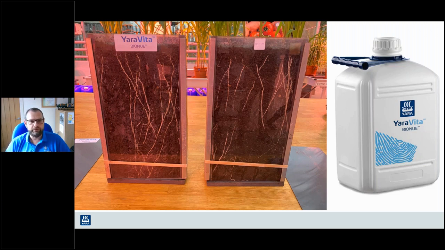And no matter what crop we do this on, whether it's tomatoes, peppers, wheat, oilseed rape, maize in particular really stands out. We see the Bionui effect every time. So this is where the biostimulants can help with nutrient use efficiency.